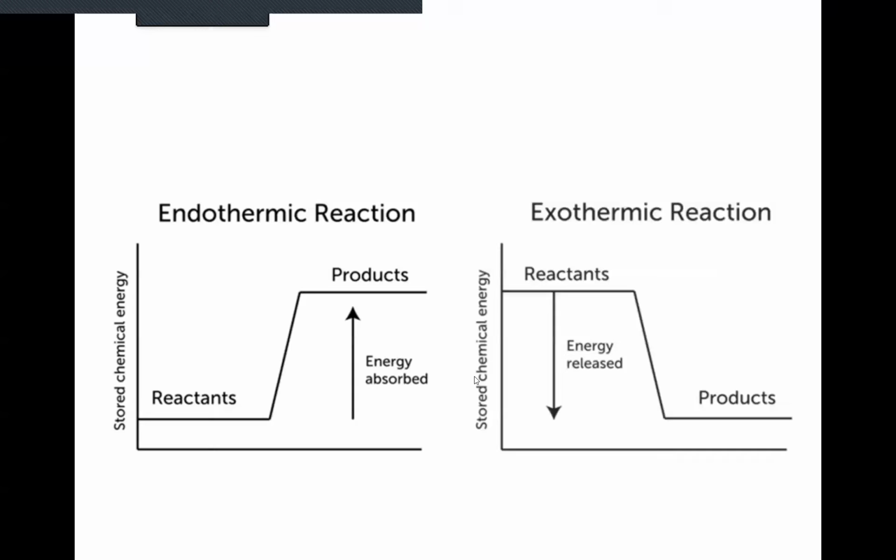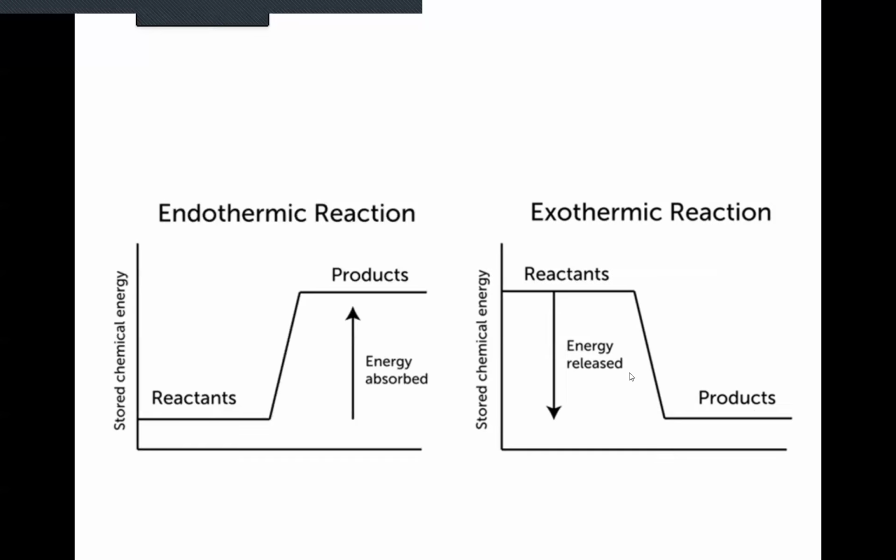In an exothermic reaction, we see just the opposite trend. Again, we have stored chemical energy or chemical potential energy on the y-axis and reaction progress that's not labeled here on the x. But the reactants start out high in chemical potential energy and the products are low. As we move from left to right, we're going down an energy hill, which means that we'll be releasing energy.